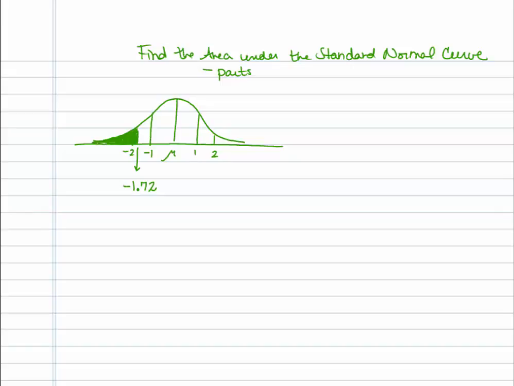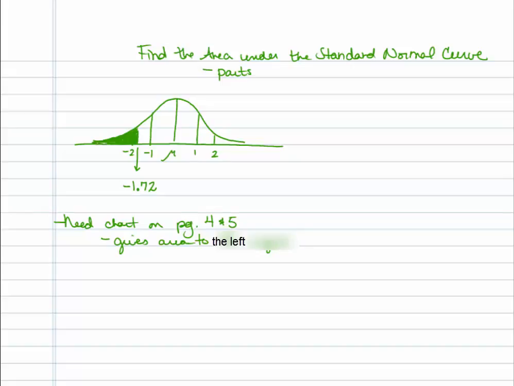And if you look on page 4 and it looks like page 5, the chart gives the area to the left of the line.